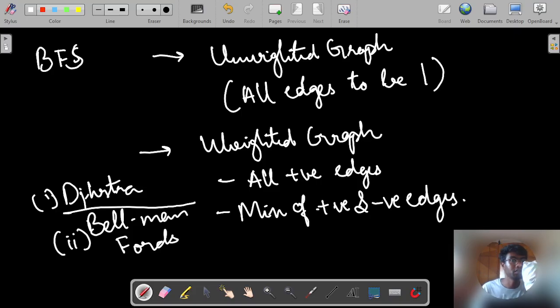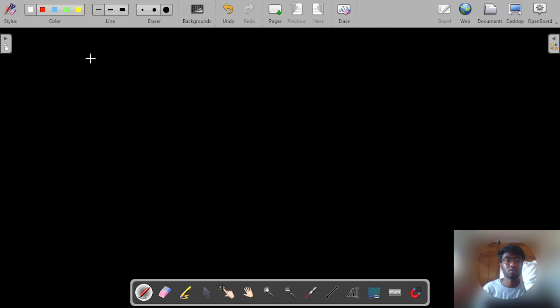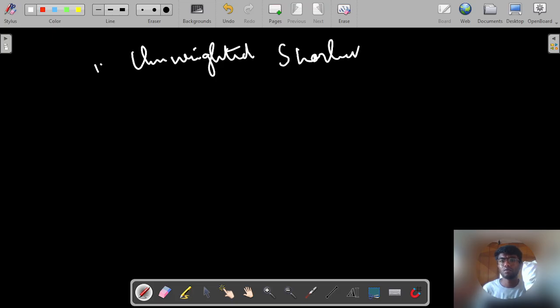Let's talk about the first variation, which is the unweighted shortest path algorithm in a graph. So let's consider a graph something like this.